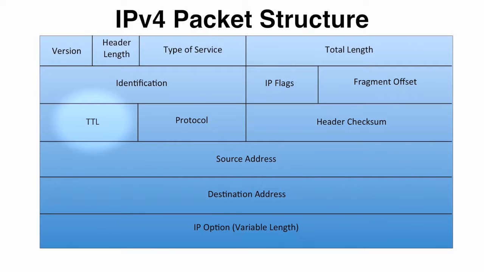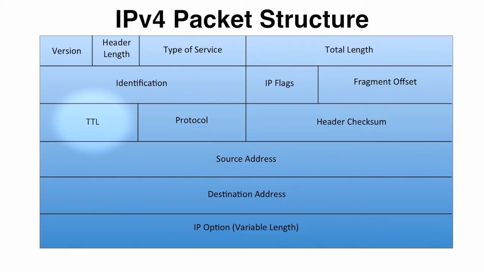Let's say that we had a time to live value of 120. That packet goes through a router and the time to live value is going to be decremented down to 119. A big advantage of this that we do not have with switches, by the way, is that if we have a routing loop where a packet just starts to circulate and circulate throughout the network, it's not going to circulate indefinitely. Once that time to live value is decremented to 0, it's going to be dropped.